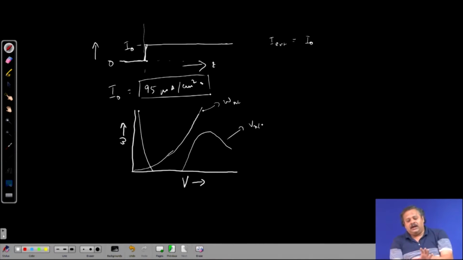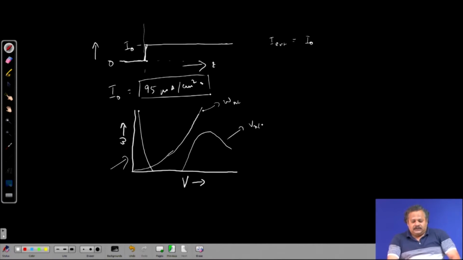Now, we have an external current that is I 0, a fixed current, which means that now I external needs to be incorporated in the system. Would it make any changes in whatever we have so far in the phase plane?